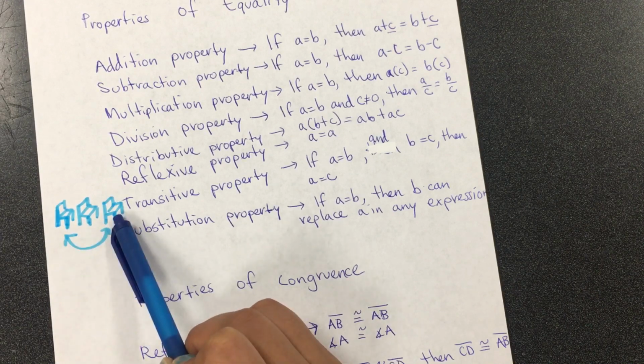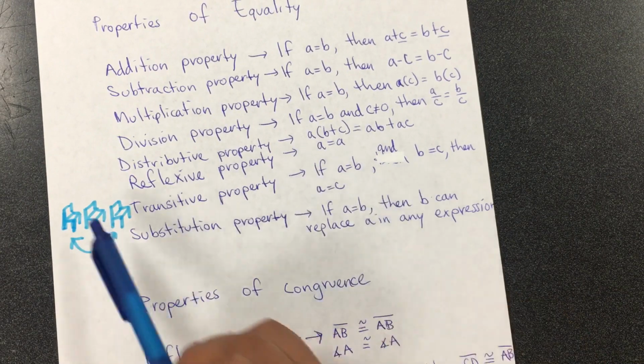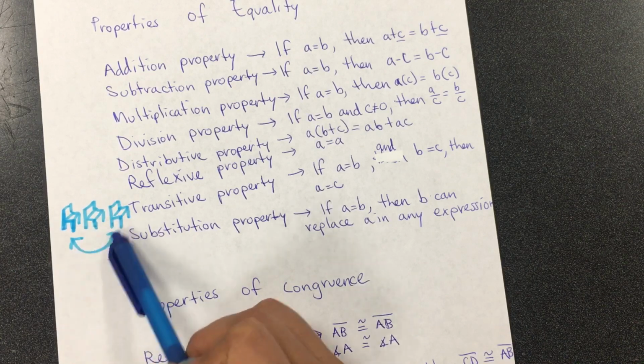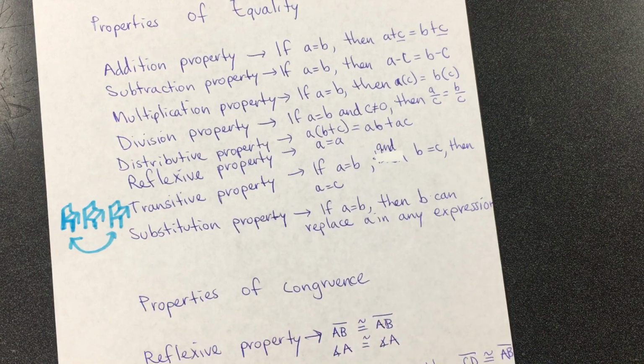They look the same, okay? But the one in the middle, which in this case is B, is the one that relates these two on the sides, okay? So that's the transitive property.